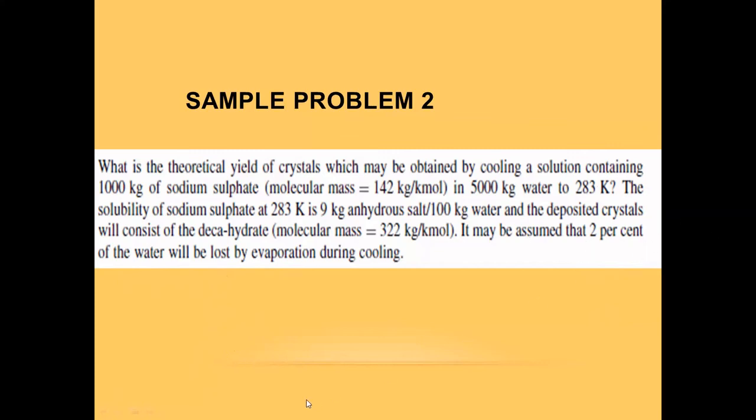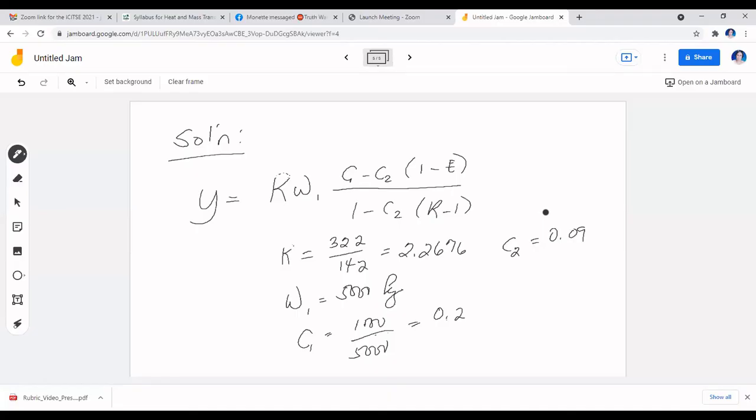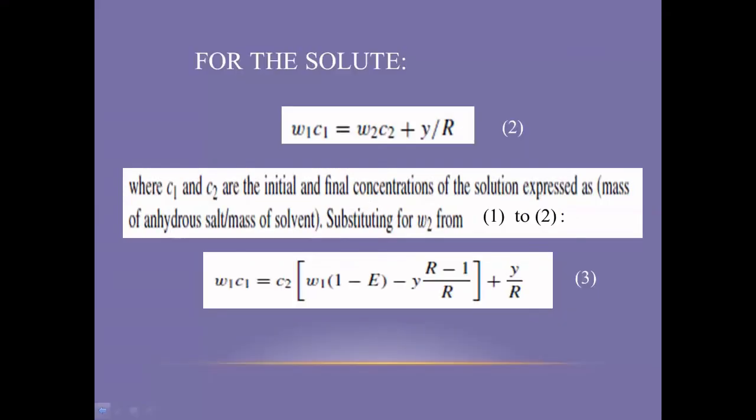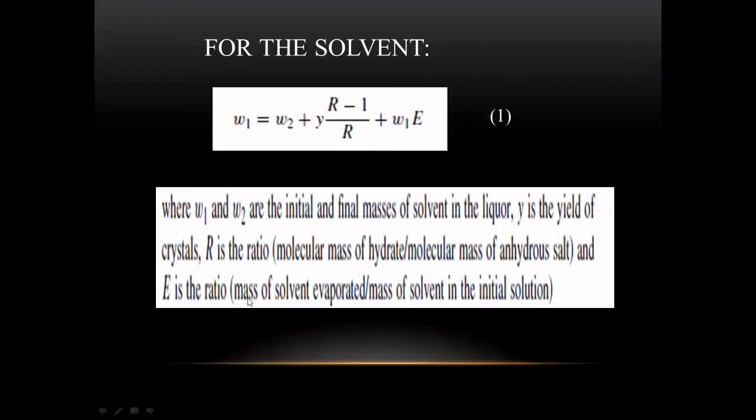So it is also the E. Your E will be in decimal form: E is equal to 0.02. As defined a while ago, E is the ratio of the mass of solvent evaporated to the mass of solvent in the initial solution. So if 2% gets evaporated, that's equivalent to your E.